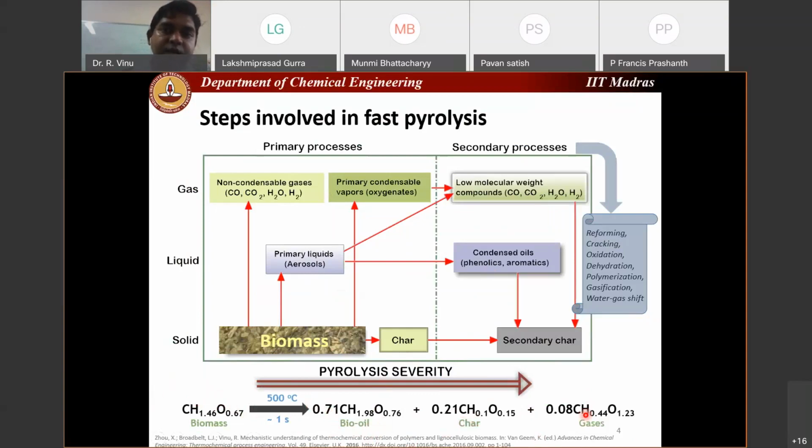In fast pyrolysis, by fast pyrolysis we really mean that we apply heating at a very fast heating rate. Think of a sample that you are subjecting to a high temperature in 1 second. In the other case, you are heating it very slowly. This really determines the kind of reactions and interactions that occur under such conditions.